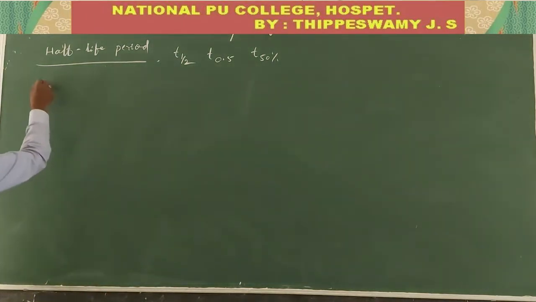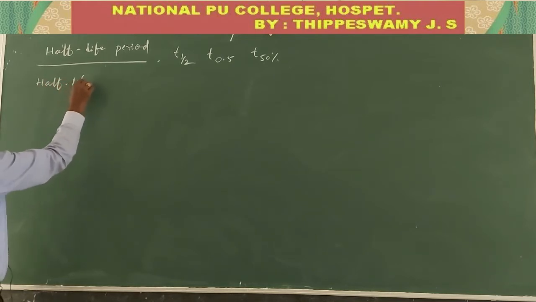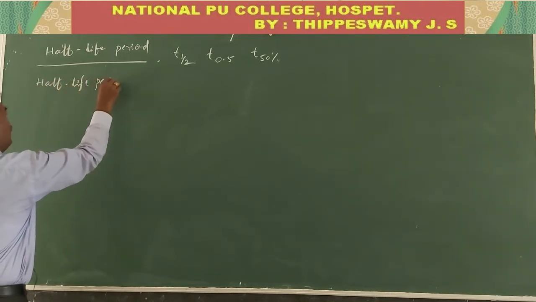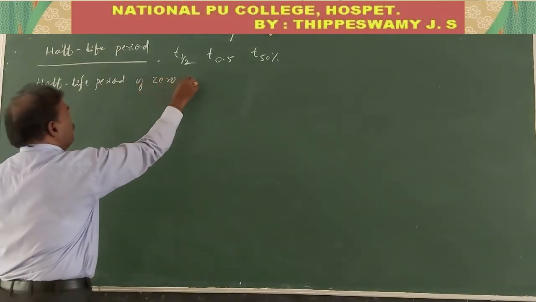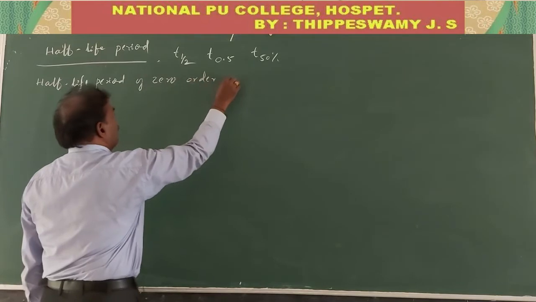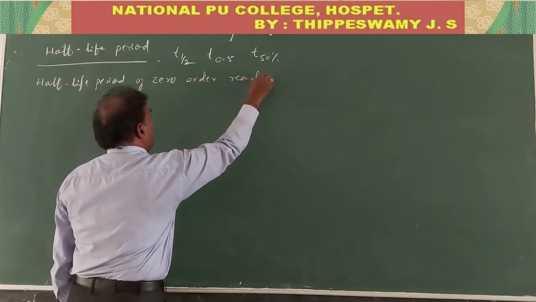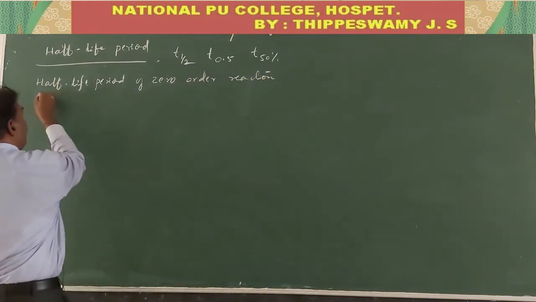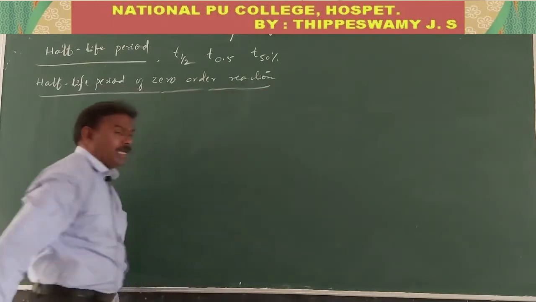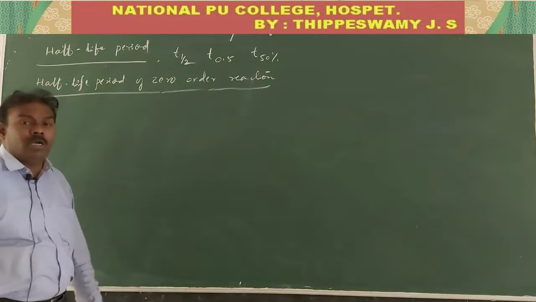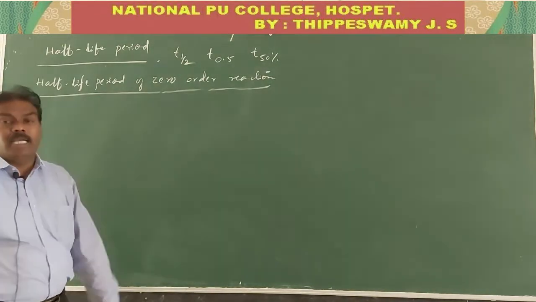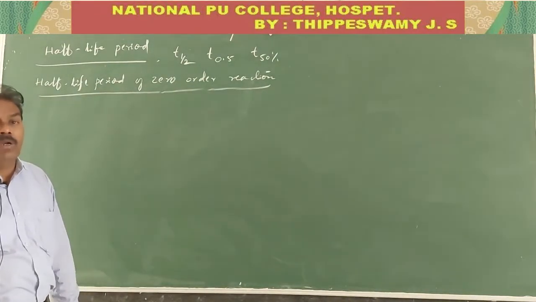Regarding the half life period of zero order reaction. We already derived the relation for the zero order reaction, that is the integrated rate equation for the zero order reaction.